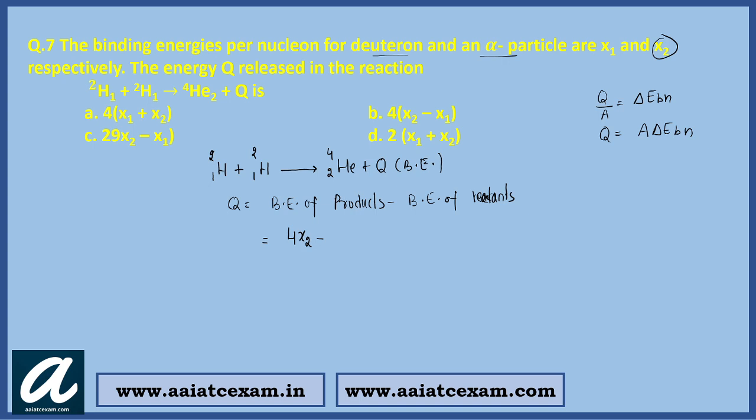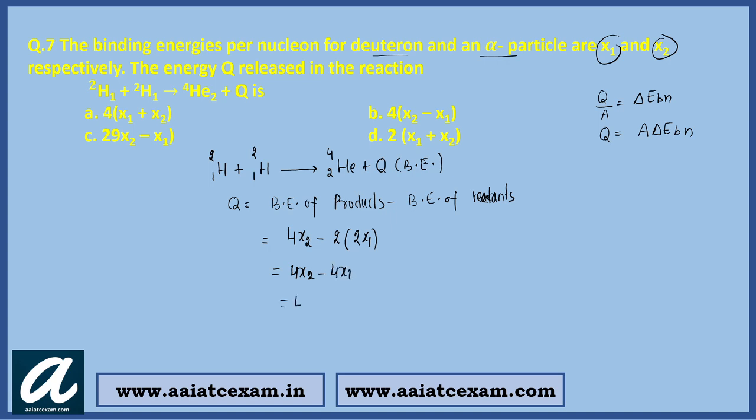It is given as the binding energy per nucleon of reactants is x1. So I have to multiply it by the mass number. The mass number towards the reactant side is 2, but there are 2 deuterons here, so it will be 2 times x1. It is 4 times x2 minus 4 times x1.